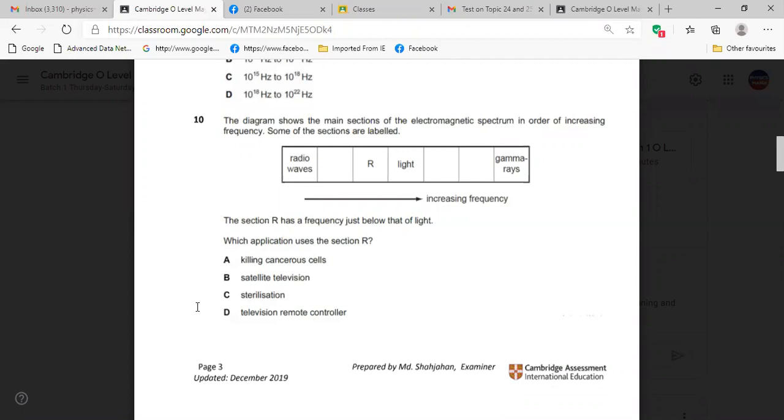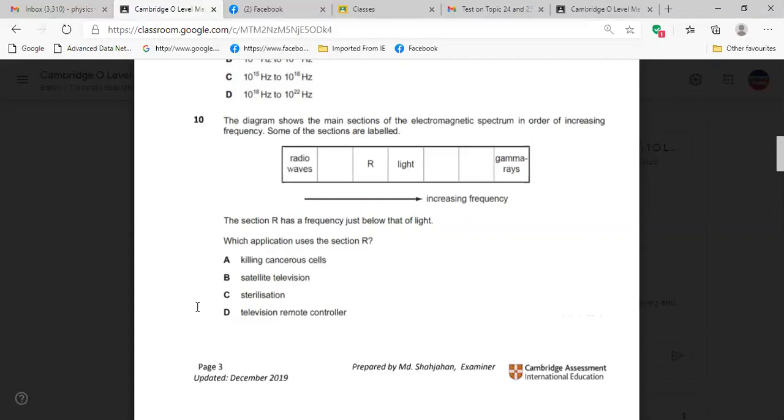On the left side of light, at the far left, you have radio waves. They are showing increasing frequency going to gamma rays.